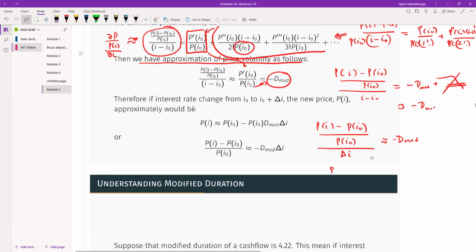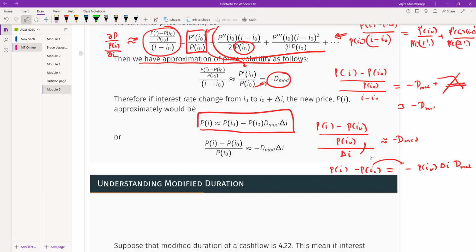Pi minus Pi naught is basically negative Pi naught delta I, because it is the same denominator, times D mod. Now you can bring it to the other side, so you get this nice expression, or you can write it like this. So basically you can see the price volatility is approximated using the modified duration. That's the key insight into why we calculate it.